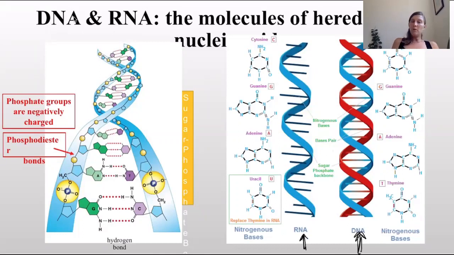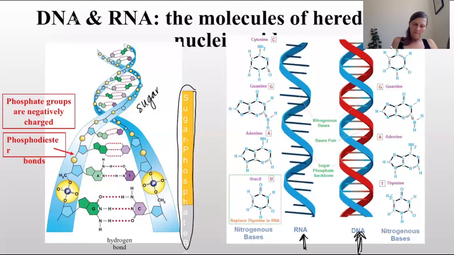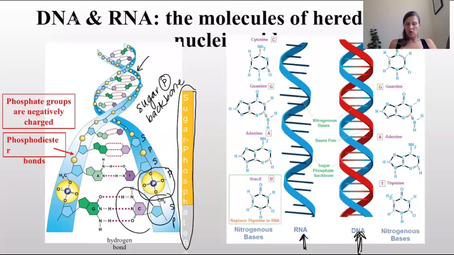If you look at the structure of, let's say, DNA, DNA and RNA all have what's called a sugar phosphate backbone, meaning this part in blue is always going to go sugar, phosphate, sugar, phosphate, sugar, phosphate, etc. Remember, every nucleotide is going to have a single phosphate group, a 5-carbon sugar, and a nitrogenous base.